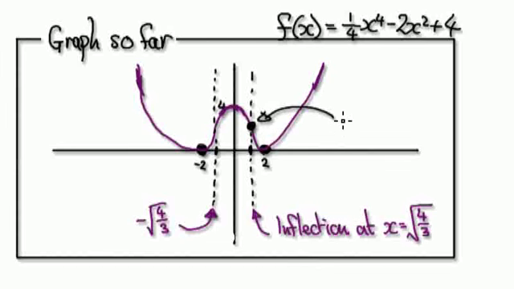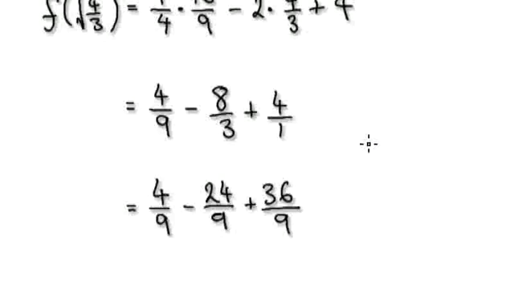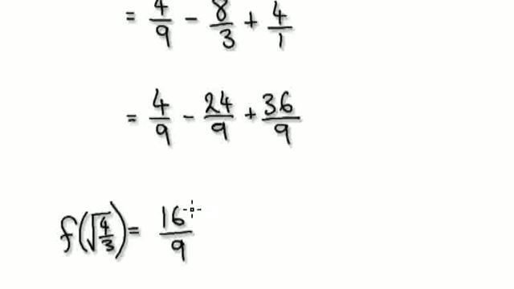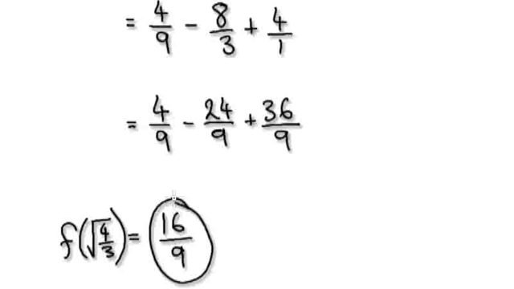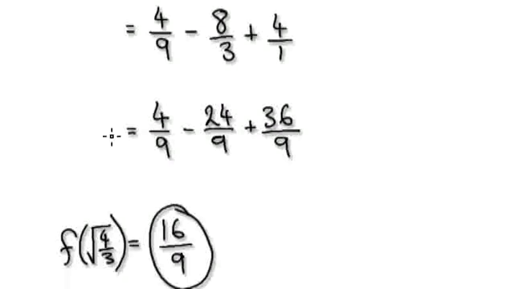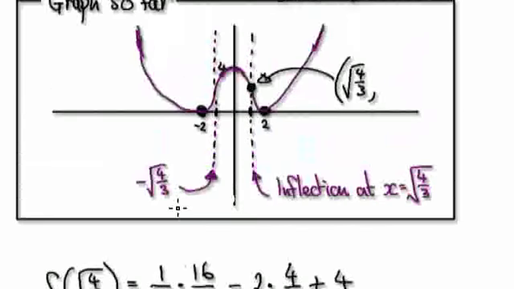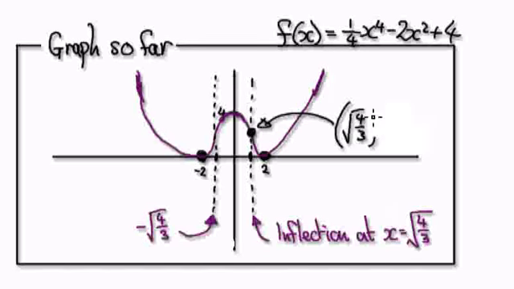The coordinates here will be root 4 over 3 comma this thing here, 16 over 9. So basically you're working this thing out, and that becomes 16 over 9. So the coordinates here will be root 4 over 3 comma 16 over 9.